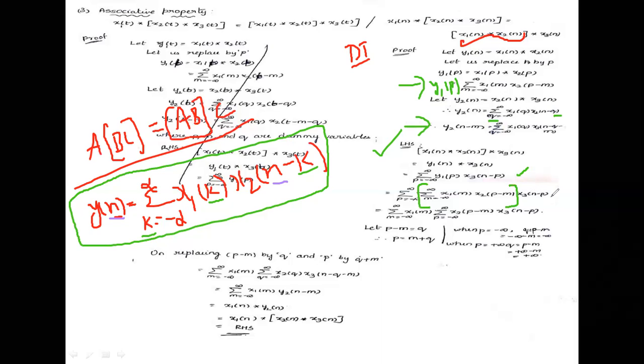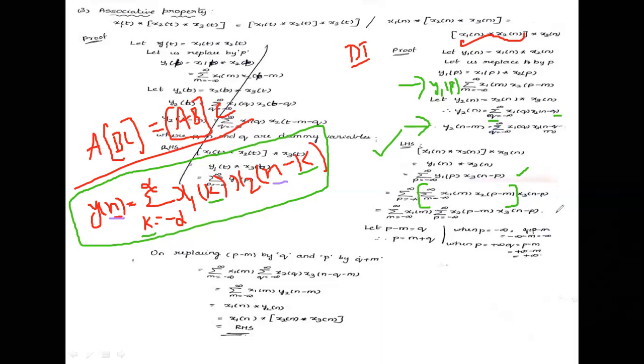Okay, so rewrite this expression as the sum over m from minus infinity to infinity of x1 of m, and the sum over p from minus infinity to infinity of x2 of p minus m, x3 of n minus p.